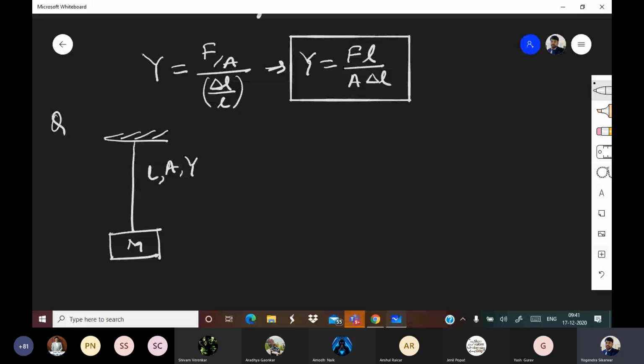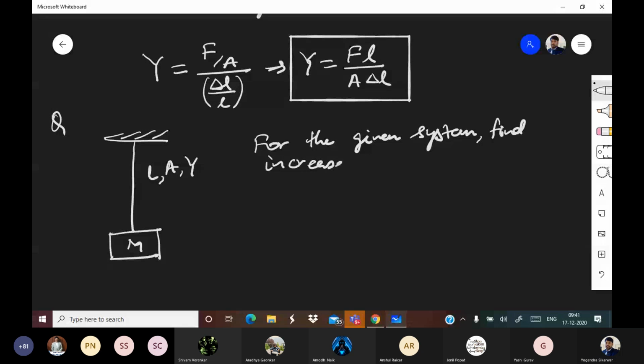M is the mass of the block. For the given system, find the increase in length of the wire. Please find.